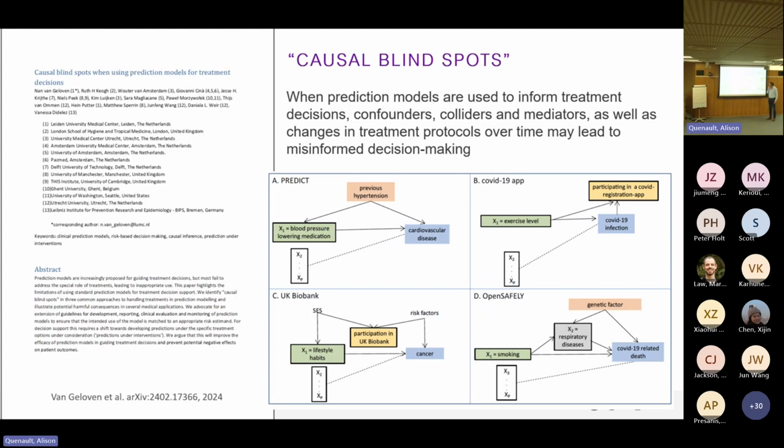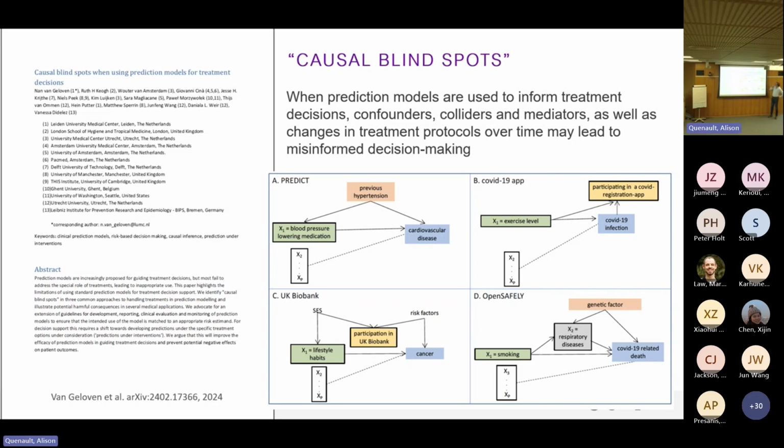For instance, in some studies, the Biobank is a good example. We know that there's strong volunteer bias in the Biobank, and that itself is basically a collider, which can lead to some spurious correlations. The example that we used is lifestyle and risk of getting cancer.